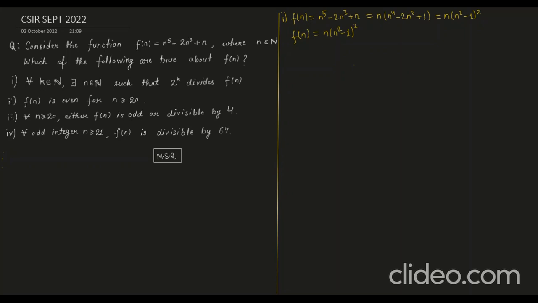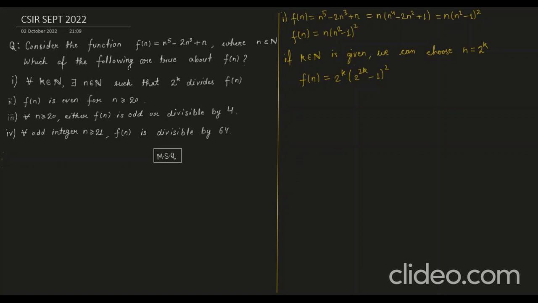So what we can do, we can choose n equals 2 raised to k. What we need is, for every k, a natural number n such that 2 raised to k divides f(n). We were given a k, and we chose n equals 2 raised to k. Now if we put that, then f(n) can become 2 raised to k times 2 raised to 2k minus 1 whole square, right?